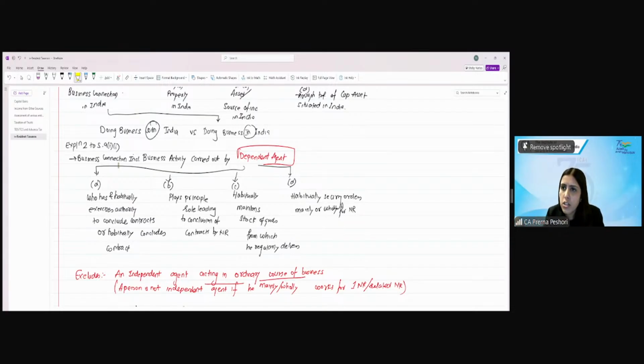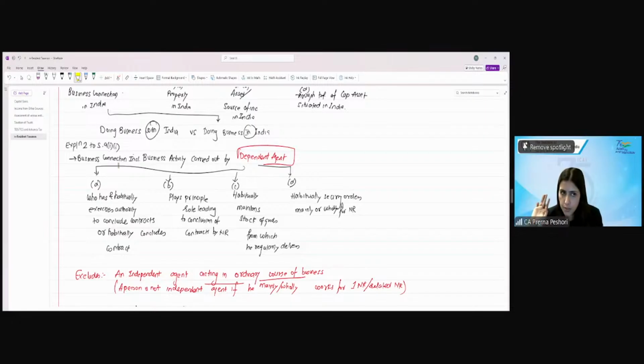Who is a dependent agent? Who is working for you and who has the authority to conclude the contracts on your behalf, or who plays a principal role. He's not having the authority to conclude the contracts, but he's playing a principal role leading to the conclusion of contracts in India.